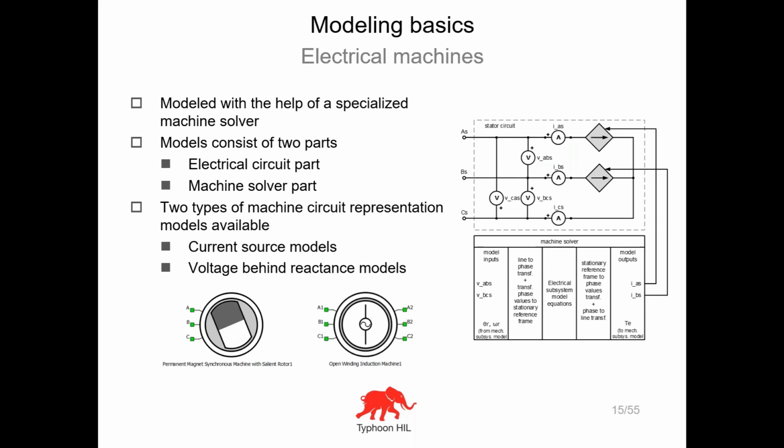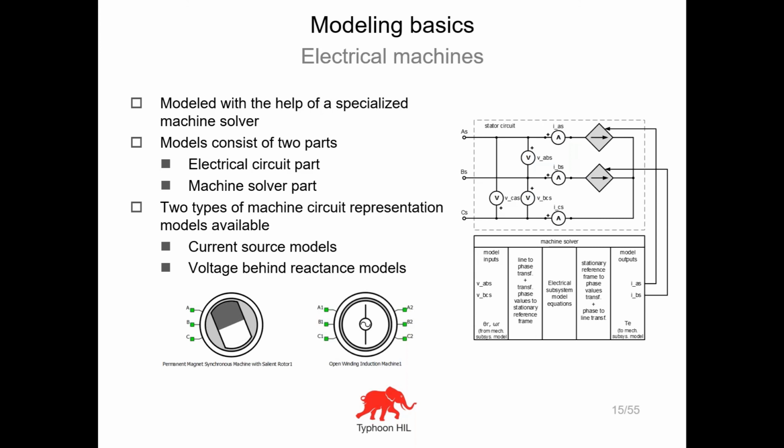On top is the electrical circuit part, here represented with some voltage and current measurements and controlled current sources. The electrical part is used to interface the machine model with the circuit around it.